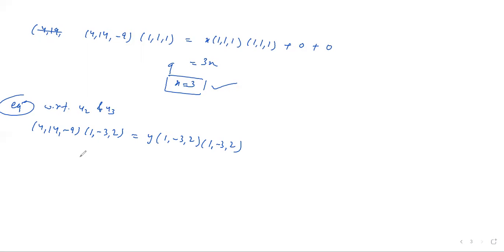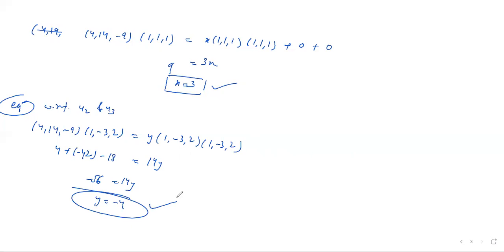So let's just do this, which is 4 - 42 - 18, and that is equal to y times (1 + 9 + 4), which is 14y. And this will be minus 56, that is equal to 14y, and y is equal to -4.